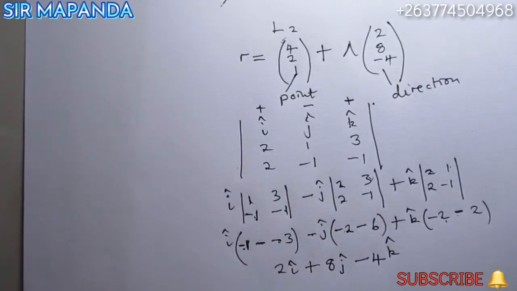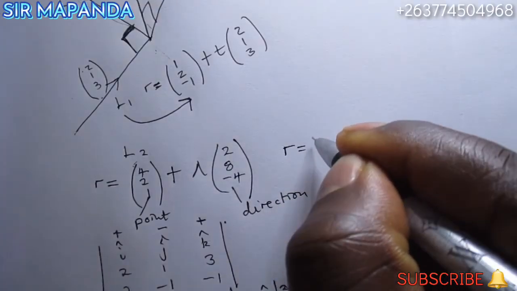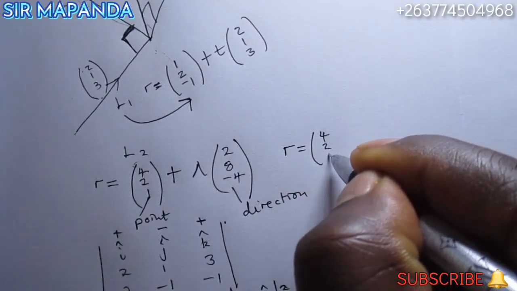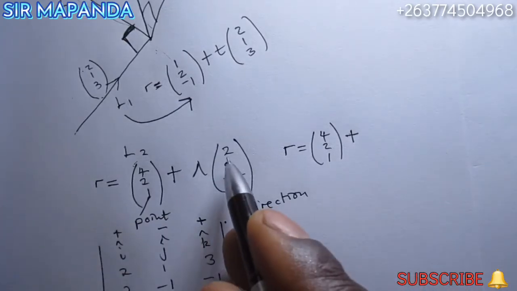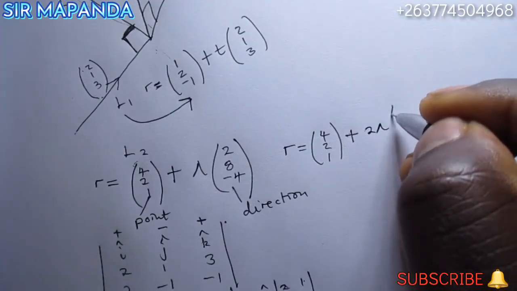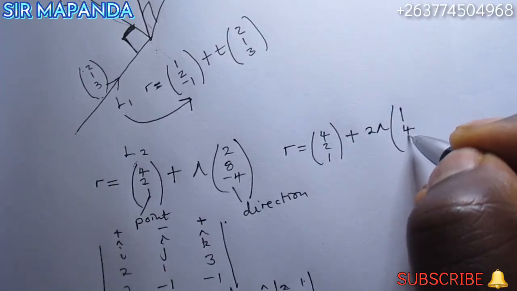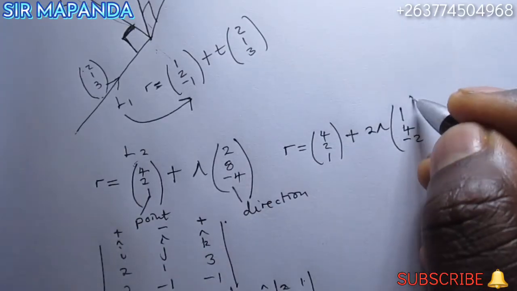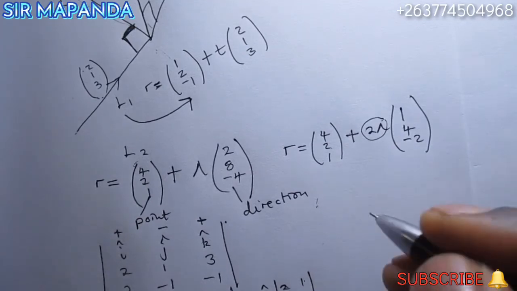Right. So this can also be reduced. If you write r = (4, 2, 1) plus, you can factor out 2 as the highest common factor here. You get 2 lambda, 2 into 2, 1, 2 into 8, you get 4, 2 into -4, you get -2. So this 2 lambda can be represented by another constant, which can be mu.